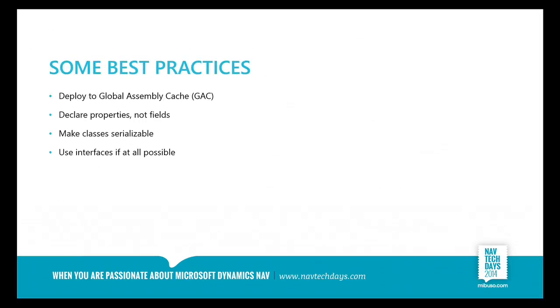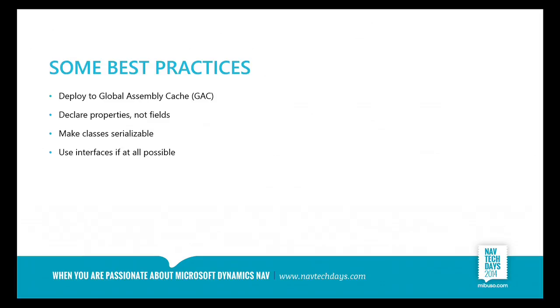Now, some best practices that I'm going to give to you. I'm not going to teach you today how to develop in C# or how to develop your assemblies. I will assume that you know enough of .NET or C# to just write some code that you need to have executed from within C/AL. I'm going to talk about deploying assemblies to the global assembly cache and the benefits of that approach.